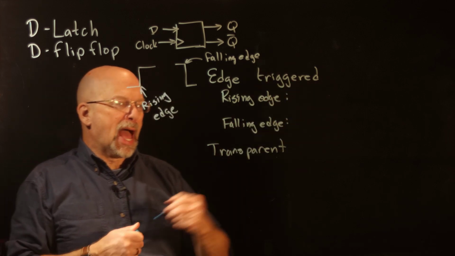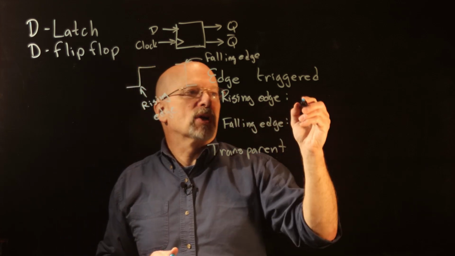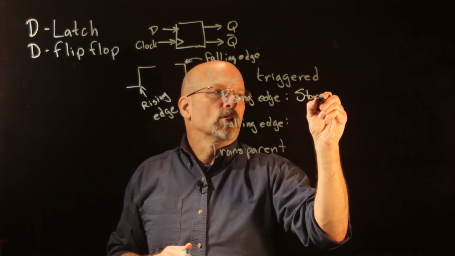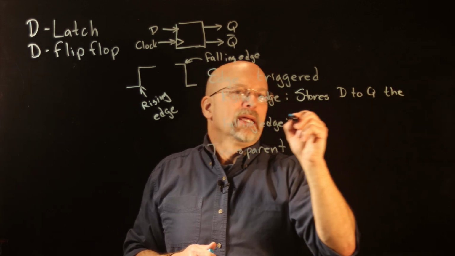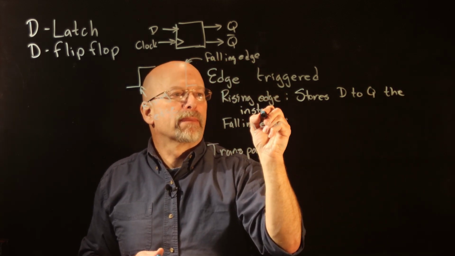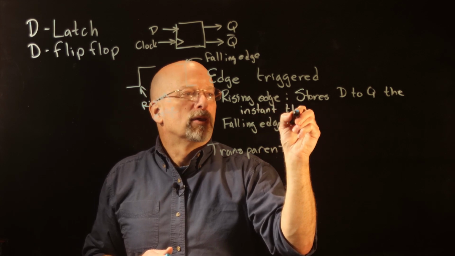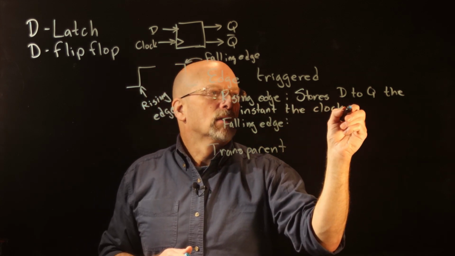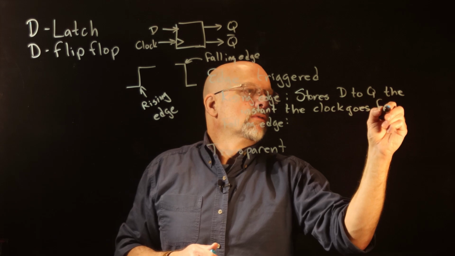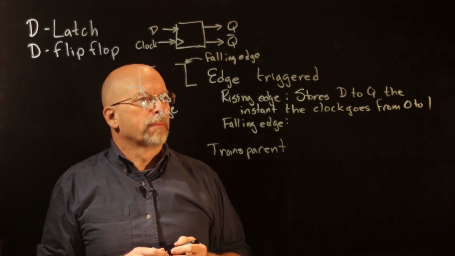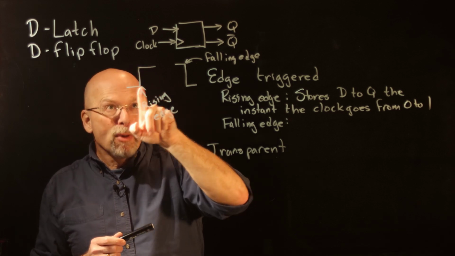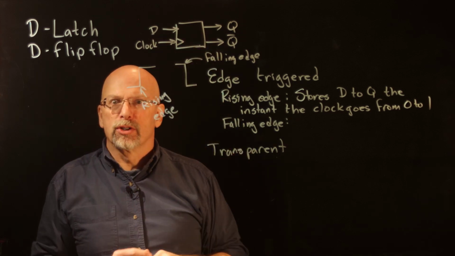Specifically, a rising edge-triggered latch stores D to Q the instant the clock goes from 0 to 1. All right? So at that moment, whatever's on D gets stored to Q.